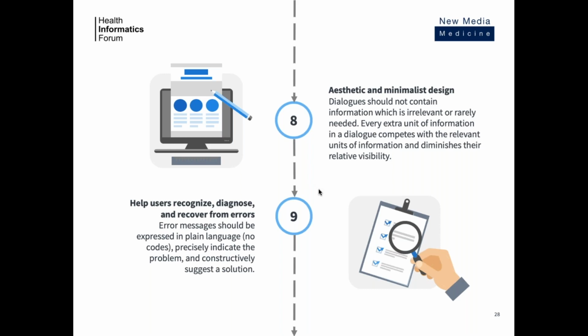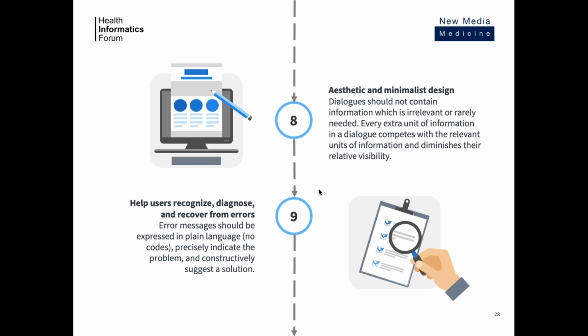What quite often happens in electronic health record systems is that they just put all of the information that they've got in the database on a screen at a time. So even if you're just interested in one patient, you might see a list of 20 patients, and each can do tasks related to all of them. What you might want is a more simple, minimal, and aesthetically pleasing screen where it's very clear what your tasks are in order to reduce errors and reduce the chances of confusion and information overload.